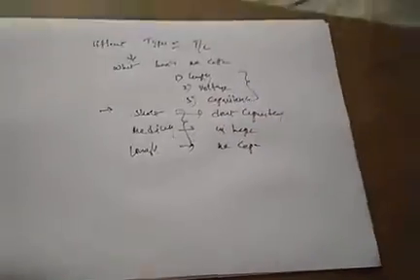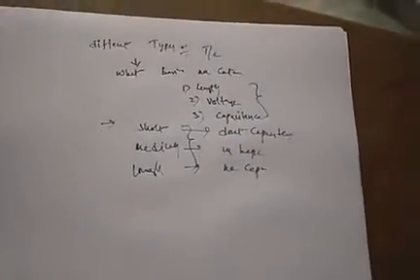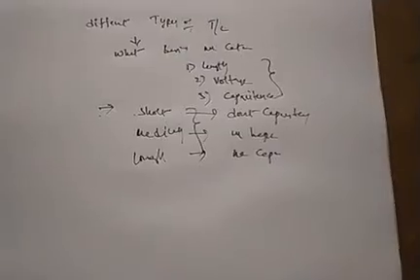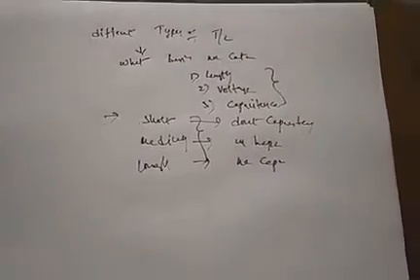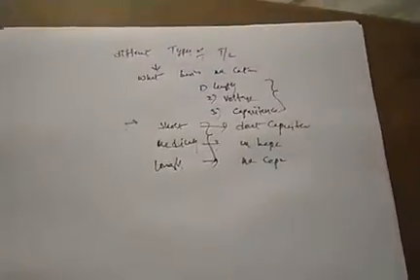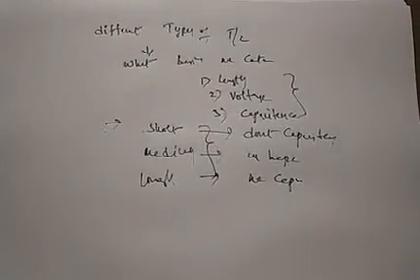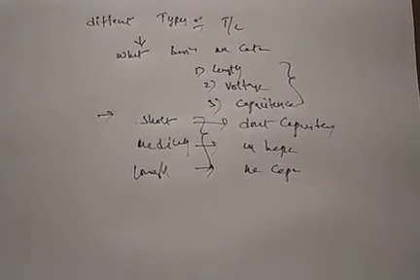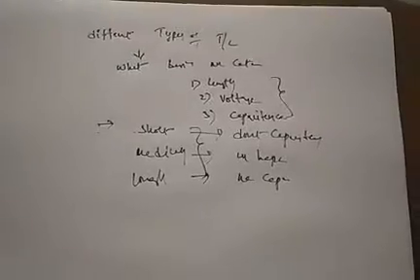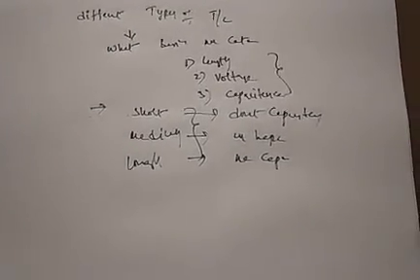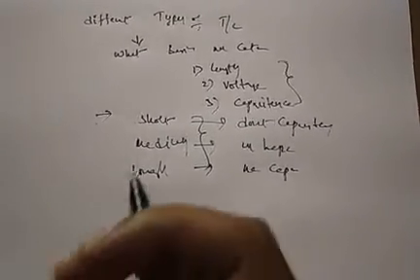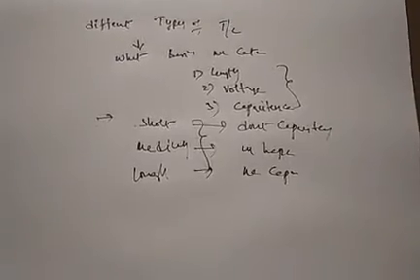Basically, if you want to estimate each and every performance of a transmission line, you should calculate the constants of the transmission line. You have to know the generalized constants, which we call the transmission line parameters.